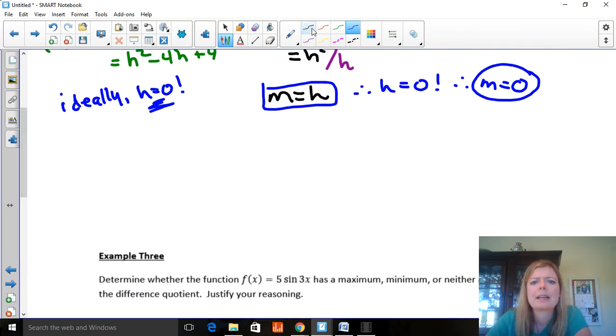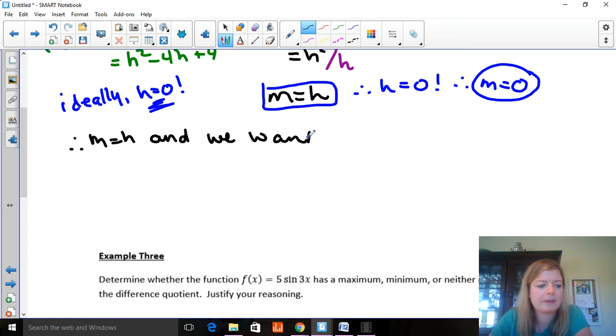So I'm going to write a little sentence here so when you're studying you can remember what we said. So therefore m equals h, and we want h to be as small as possible.